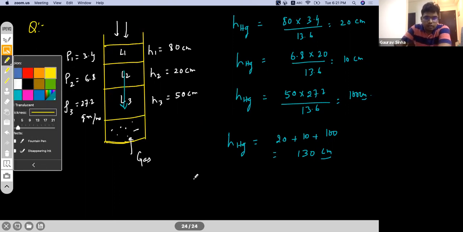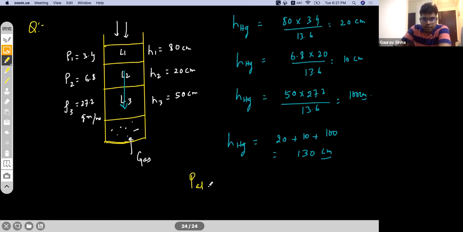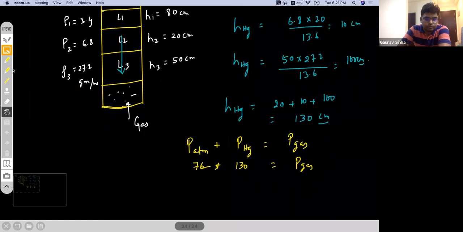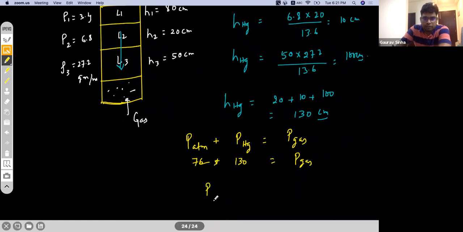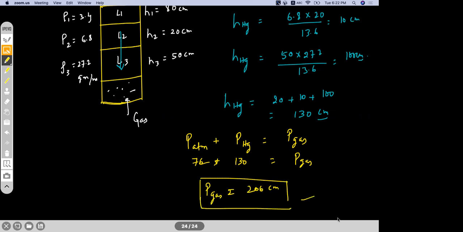So we can write P atmospheric plus P of Hg equals P of gas. So 76 plus 130 is equal to P of gas. So pressure of gas equals 206 centimeter of Hg. Tell me, is it clear?